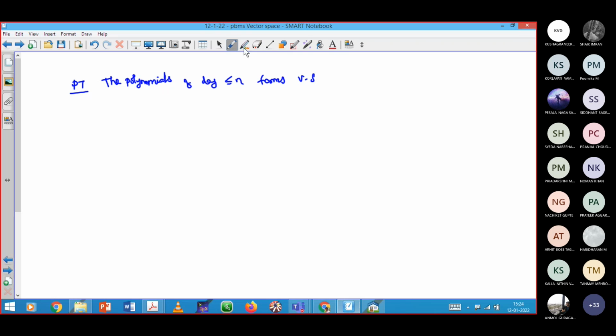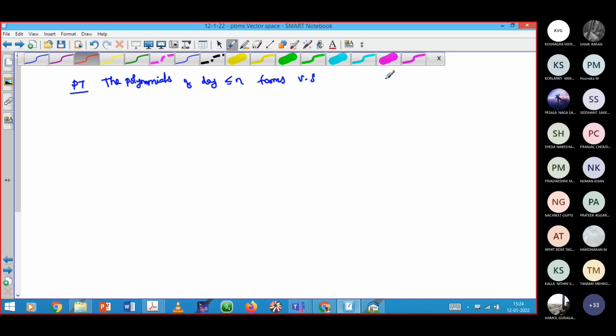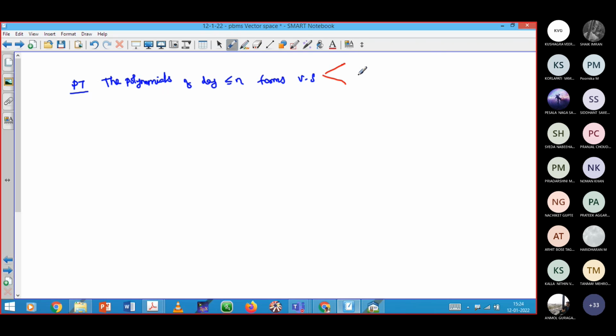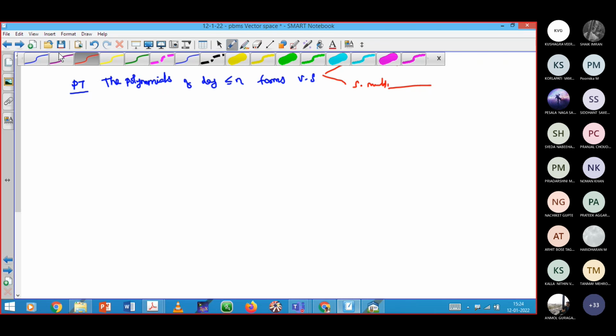Here also you need to check two properties, two algebraic operations: one is vector addition, another one is scalar multiplication. First we are going to check vector addition. First I need to define three things, that is, polynomials of degree less than or equal to n.